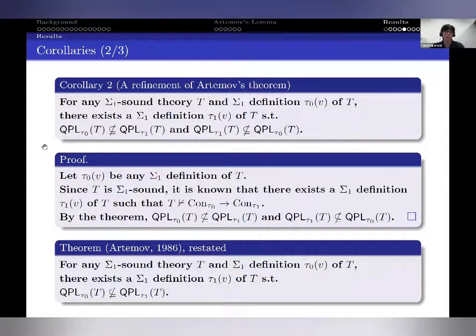Also, I obtained a refinement of Artemov's theorem. Artemov's theorem is this one, and in the statement of Artemov's theorem, I added the non-inclusion of this one.